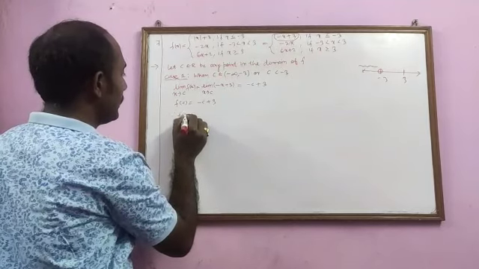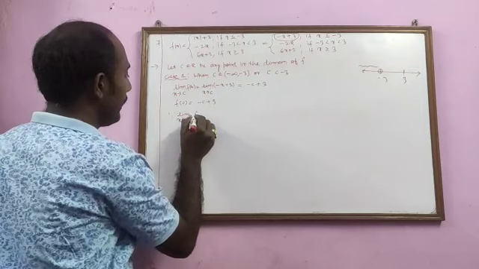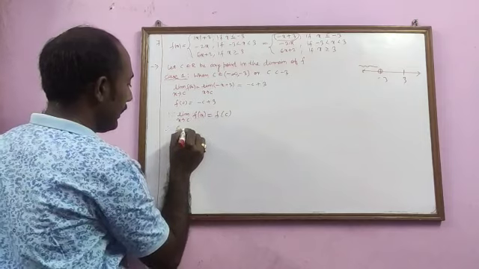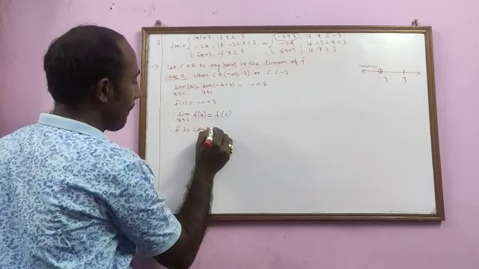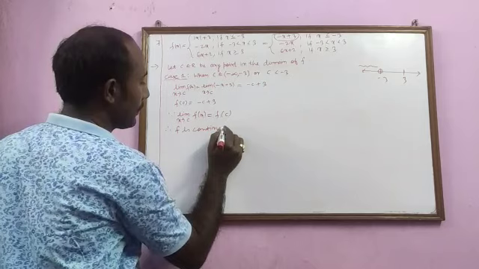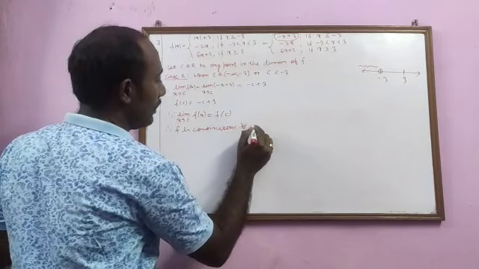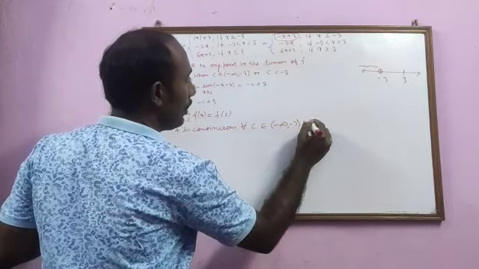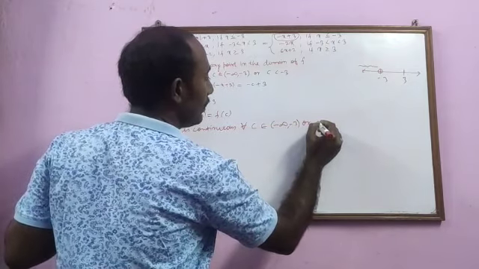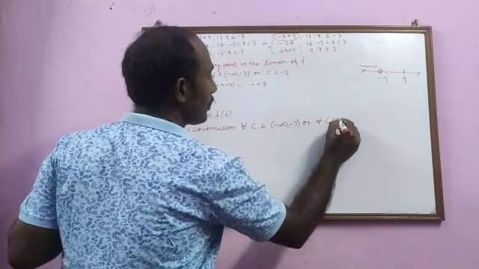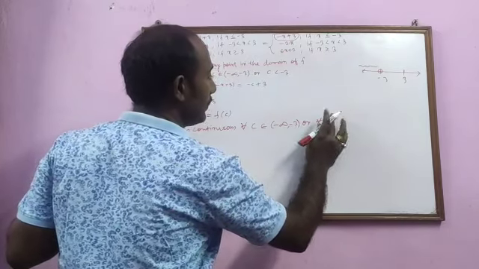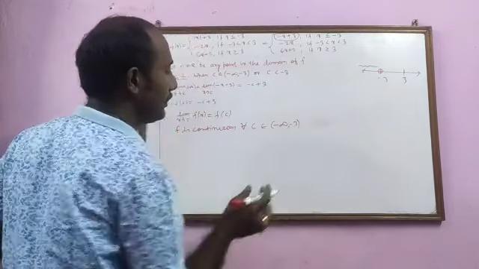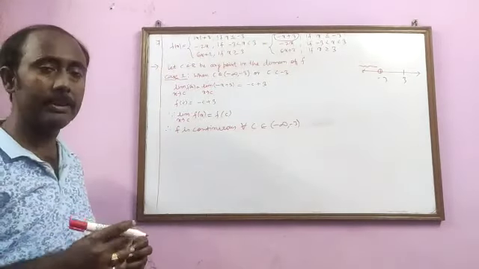Since limit x tends to c of f(x) is equal to f(c), therefore f is continuous for all c belonging to minus infinity to minus 3.